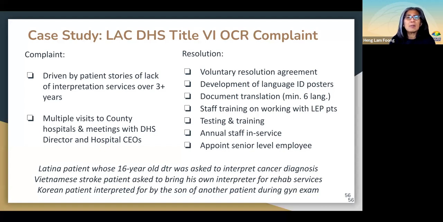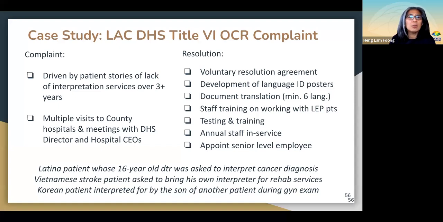And it is just absolutely unacceptable to have a 16-year-old girl tell her mom that she has stage 4 cancer, right? It's unacceptable for a stroke patient to not be able to get an interpreter so he can recover. It's unacceptable to have the son of another patient interpret for a woman who's getting a GYN exam, even though it's behind a curtain.